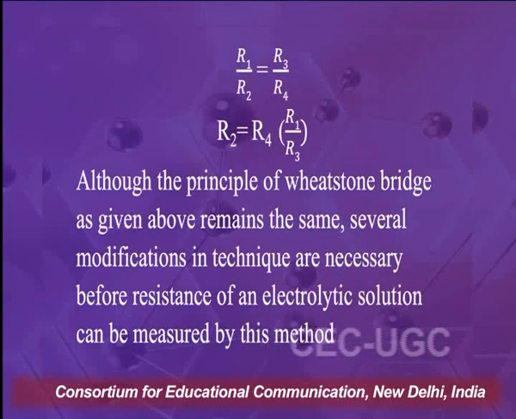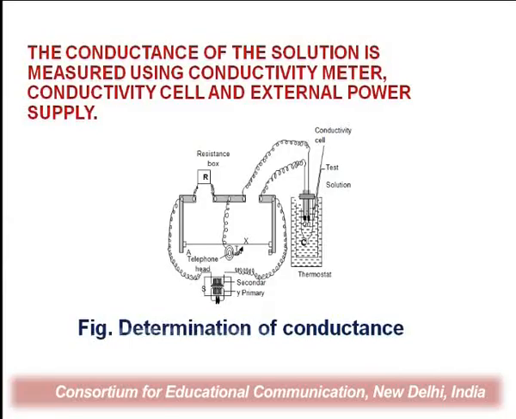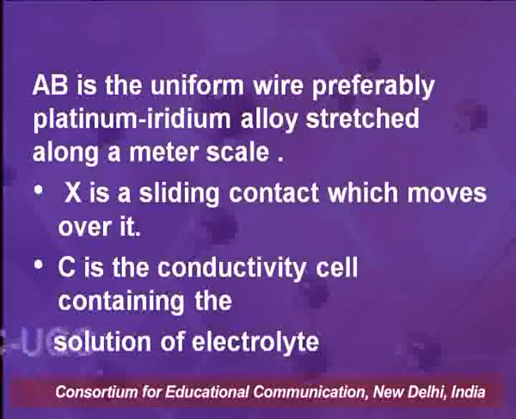Although the principle of Wheatstone bridge as given above remains the same, several modifications in technique are necessary before the resistance of an electrolytic solution can be measured by this method. The circuit diagram that is used to determine the conductance is shown in the figure. In one of the arms is the electrolytic cell which has the solution whose conductance is to be determined.